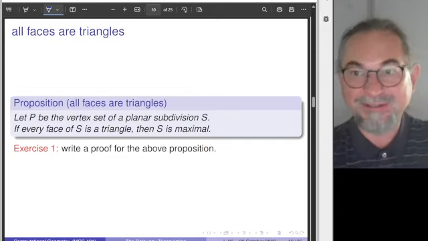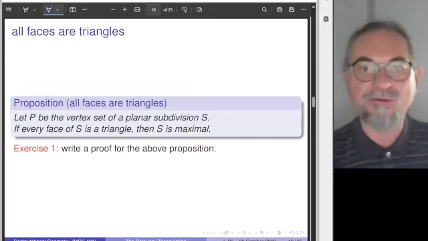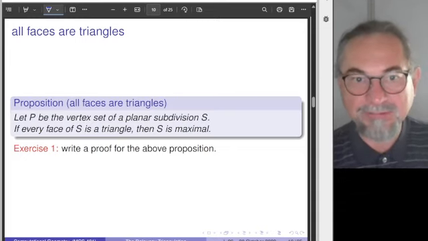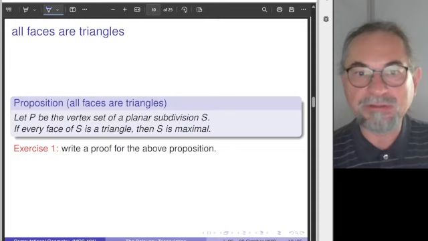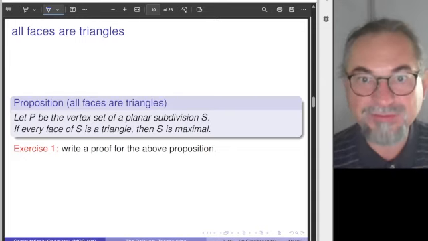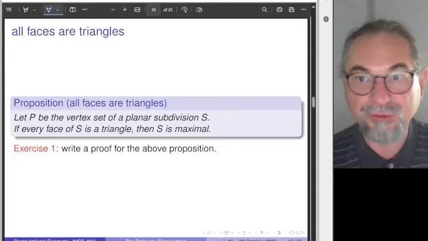It shouldn't be cheating by going over an existing edge. If that happens, then your original subdivision was not maximal.